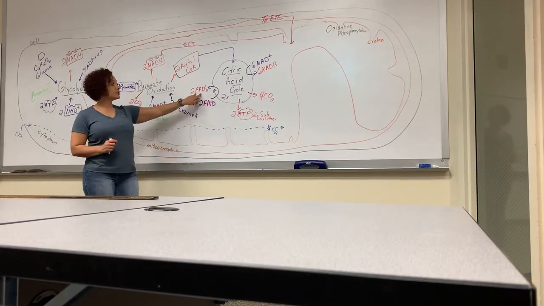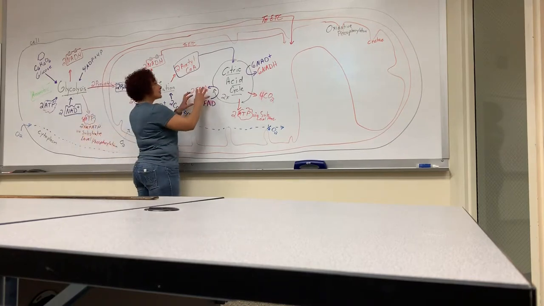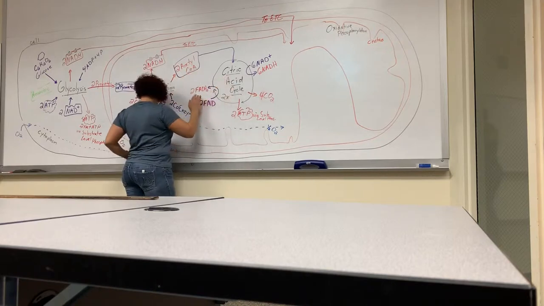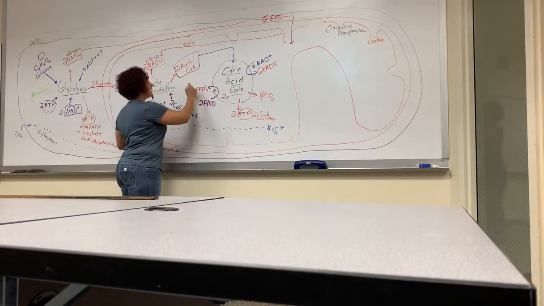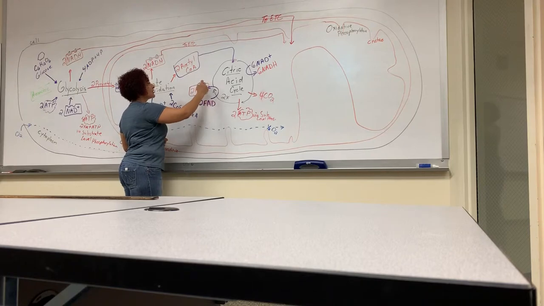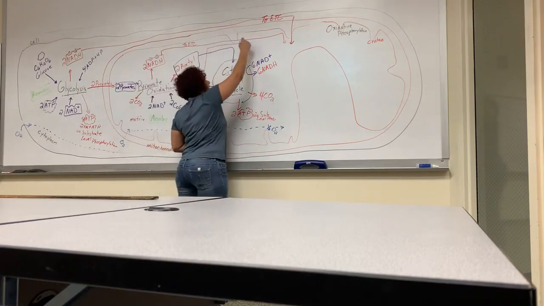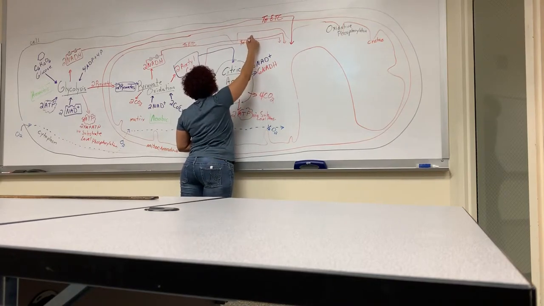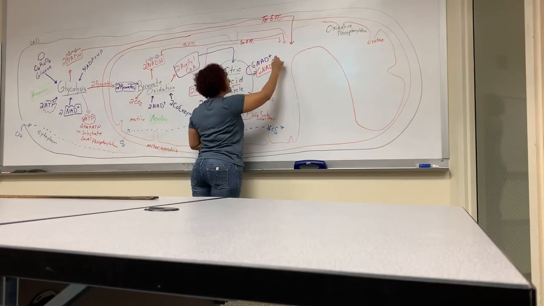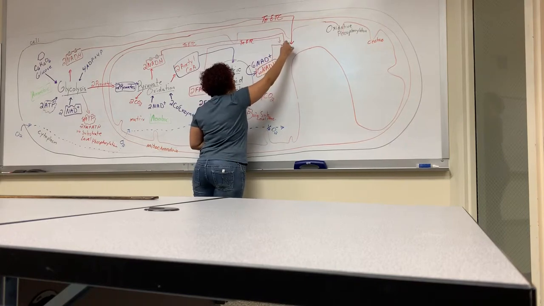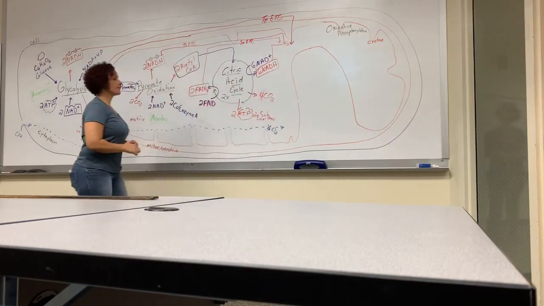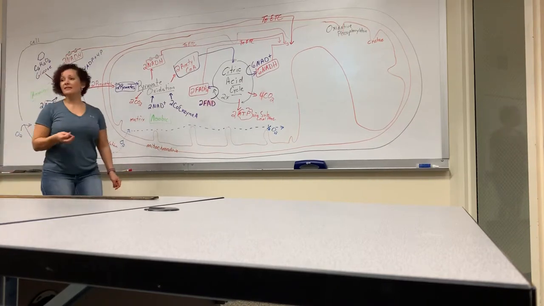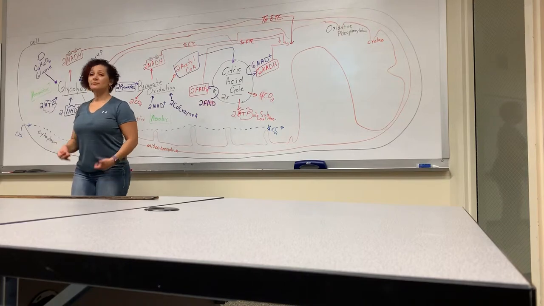FADH2 stole high energy electrons from the molecules that came in, so this also is going to get sent to the electron transport chain, ETC, where the high energy electrons are dropped off. So the whole point of all of this is to make these temporary high energy molecules.